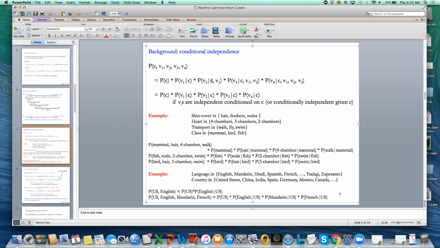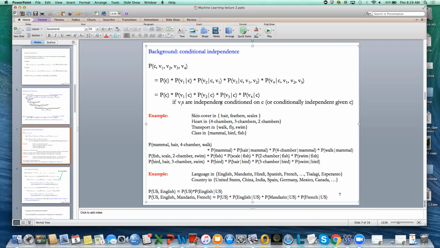That is, if I know something is a member of a class, knowing its V1 value gives me no additional information in predicting its V2 value. Likewise, the conditional probability of V3 given C and other conditioning values is simply equal to the probability of V3 given the class. So this equality is only true if we have this property of conditional independence, and more often if we assume the property of conditional independence.